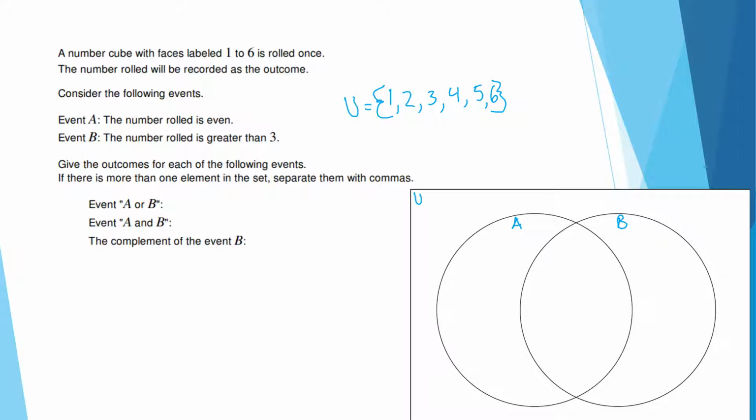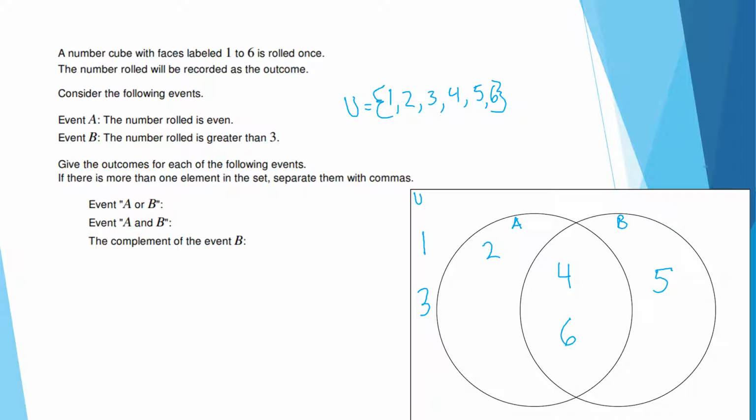So 1 is simply going out here in the universal set. 2 is even, but not greater than 3. 3 goes out here because it's not greater than 3 and it's not even. 4 is even and greater than 3, so it's in both. 5 will go in just greater than 3 because it's odd. And then 6 goes in both again. So here's my picture.